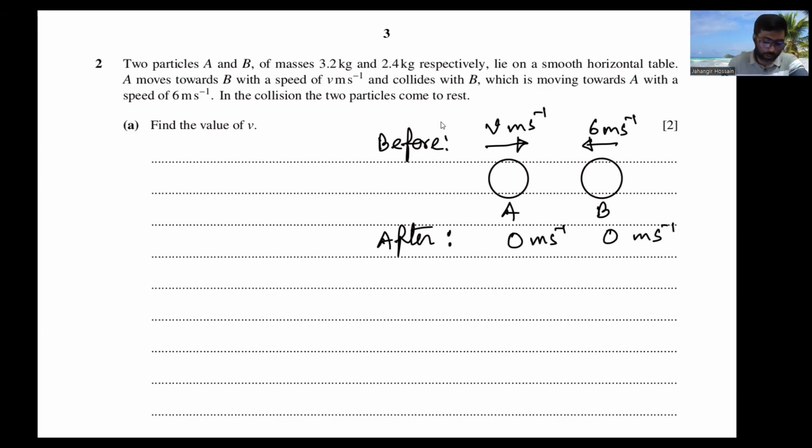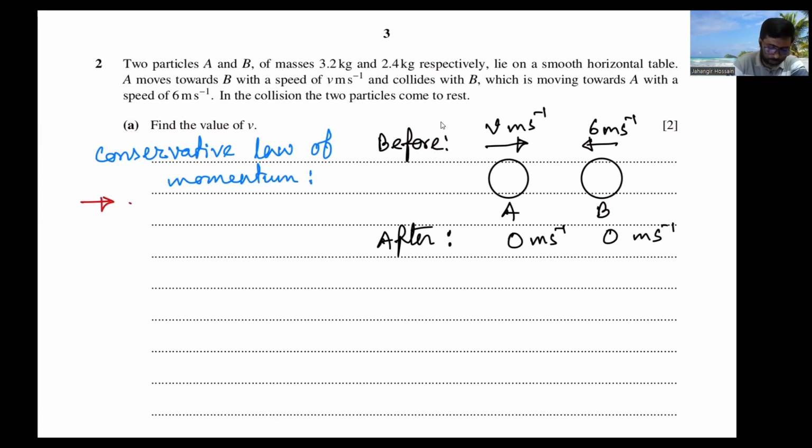Now, if we apply the conservation law of momentum here, momentum is a vector quantity, so you have to consider one of the directions to be positive. Let's say the direction of motion of particle A before the collision is positive. In that case, the mass of particle A is 3.2 kg, mass of particle B 2.4 kg.